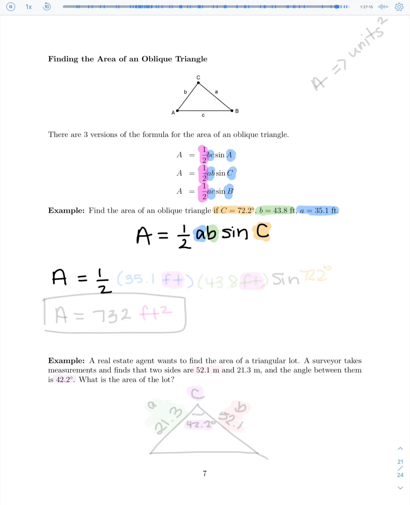Now we can fill in our side A, which is 35.1, and I'm going to include the units feet, and my side B, which is 43.8 feet, and then I can fill in sine of my angle, which in this case is 72.2 degrees.